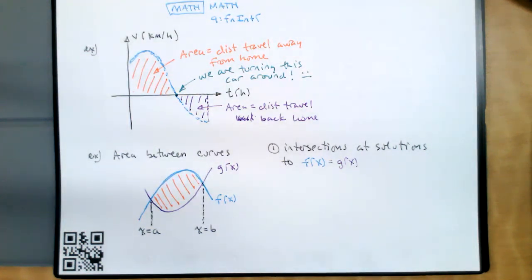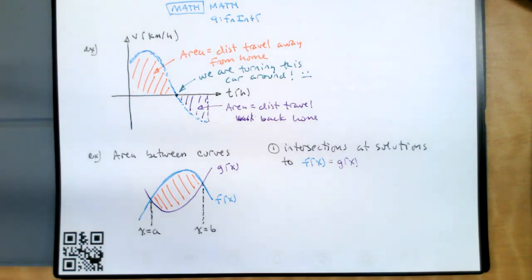You can graph them on a graphing machine, not your TI-84, because then you have to tell the calculator where you want to look. You do this on Desmos, and then you can just move around to where you want to look. But all you have to do is click on the intersection points and find out where they are. But the first thing, you got to find the intersections. Those will be the solutions to f of x equals g of x.